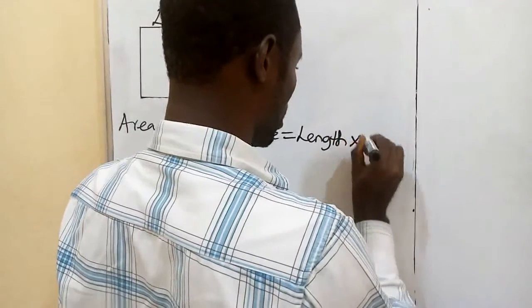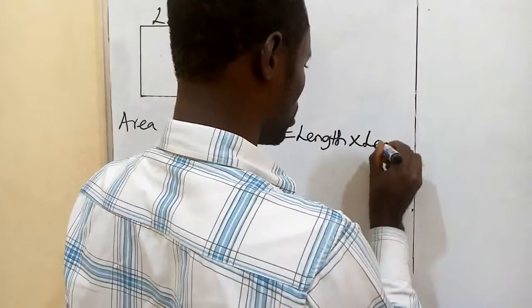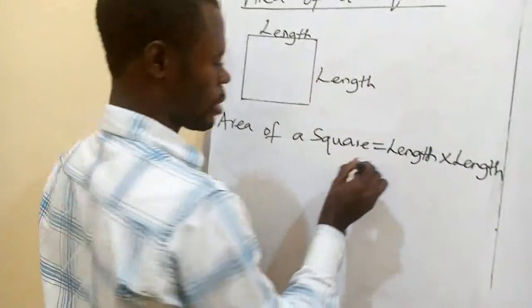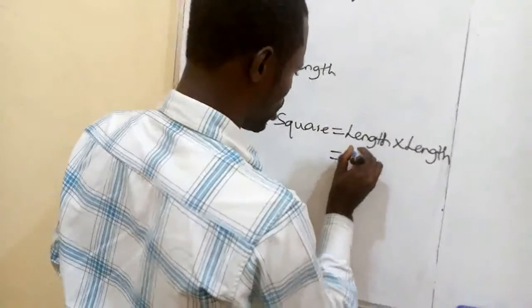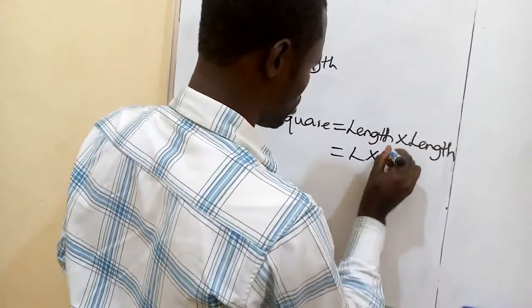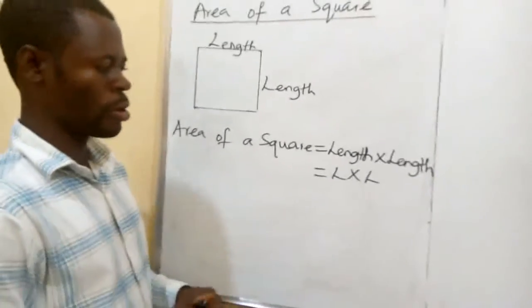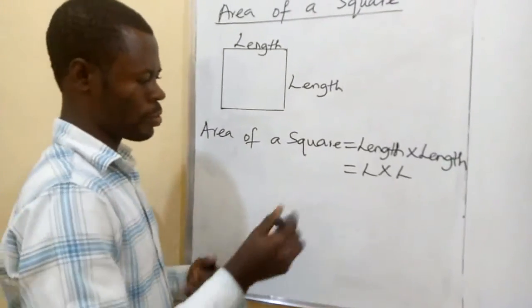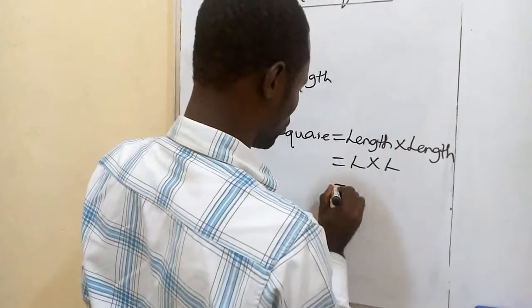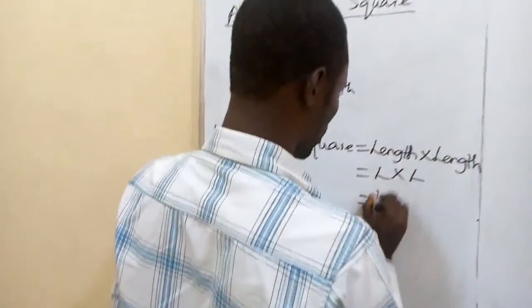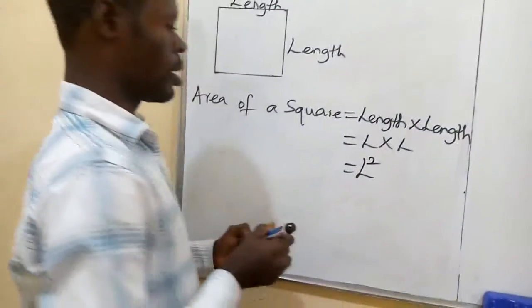Alright, you can further reduce this to L times L, where the first L stands for length and the second one stands for length also. Alright, you know that L times L is equals to L squared.